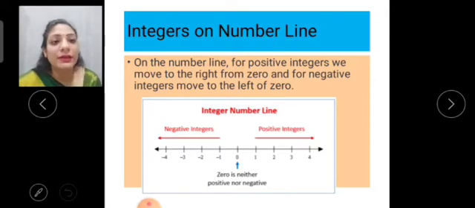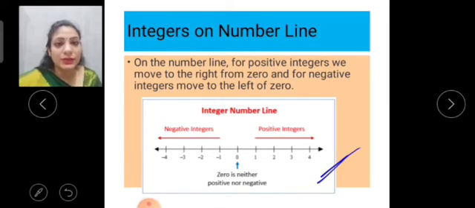You can see 0 to the right is positive and 0 to the left is negative, and 0 is neither positive nor negative.